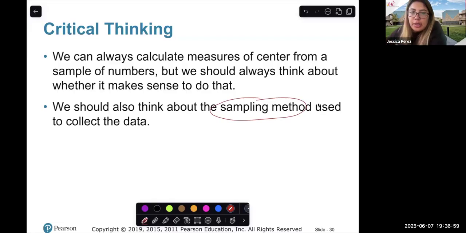What type of sample are we looking for? And how are we collecting the data? That's very important. So when we're looking at statistics, we need to look carefully at what each value represents and whether it is coming from a reliable source or not. Are they coming from a reliable sample versus just something that we're trying to study?